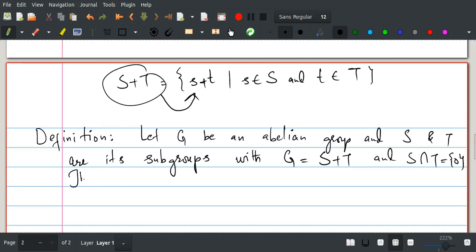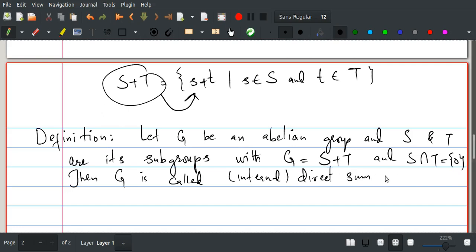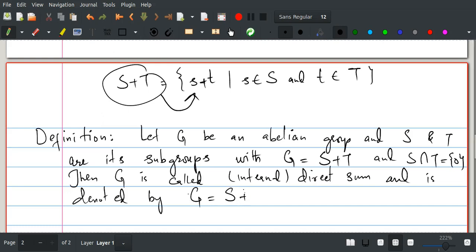Then G is called the internal direct sum of S and T, and is denoted by G is the direct sum of S and T, that is, G is S ⊕ T. Now this ⊕ stands for the internal direct sum.